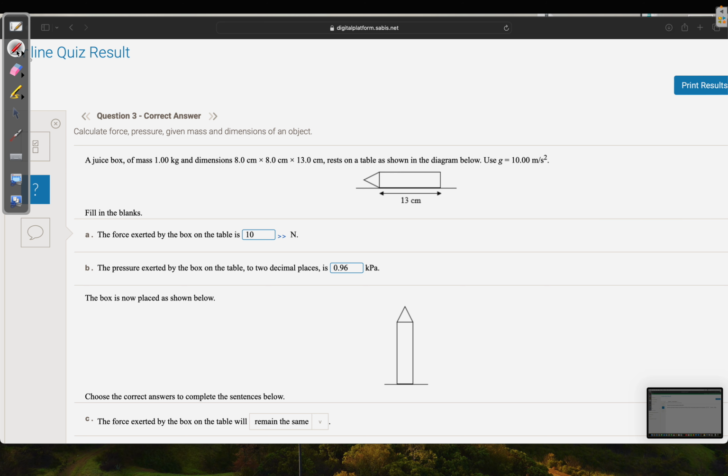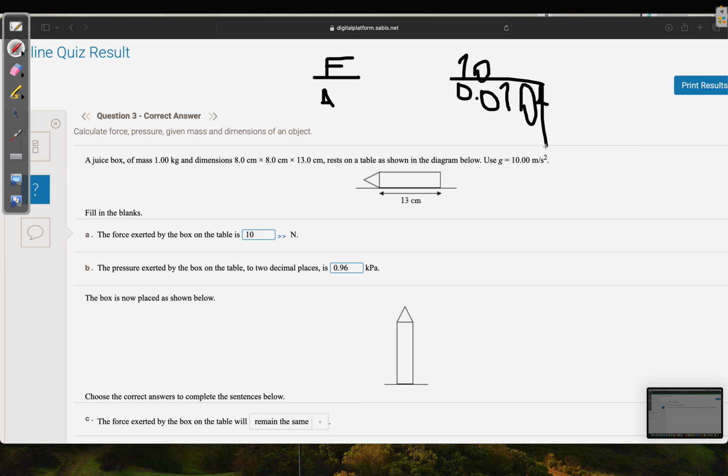Okay, so to find the pressure, we're gonna have to do the force over area, which is 10 over 0.0104, sorry. Okay, and that will give us 961.5.